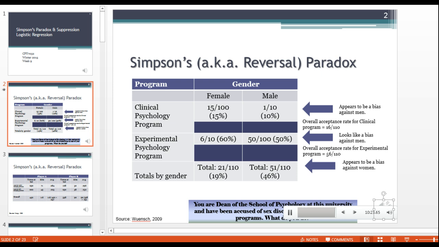So instead of program, we have job position. And we will see that sometimes, depending on the way we're aggregating the data and looking at it, it can appear that we're discriminating against men, when in reality we're discriminating against women more. And so this is just helpful to keep in mind for that purpose.